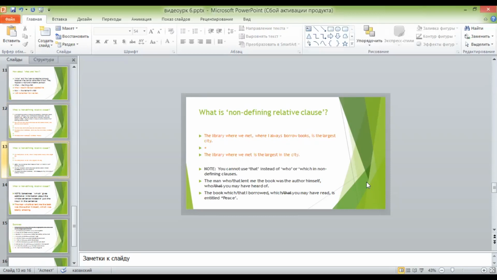Note, you cannot use that instead of who or which in non-defining clauses. You cannot say: the man that lent me the book was the author himself, that you may have heard of, or the book that I borrowed, that you may have read, is entitled Peace.